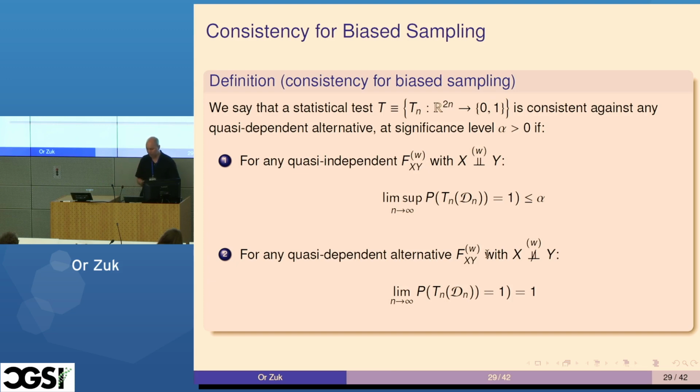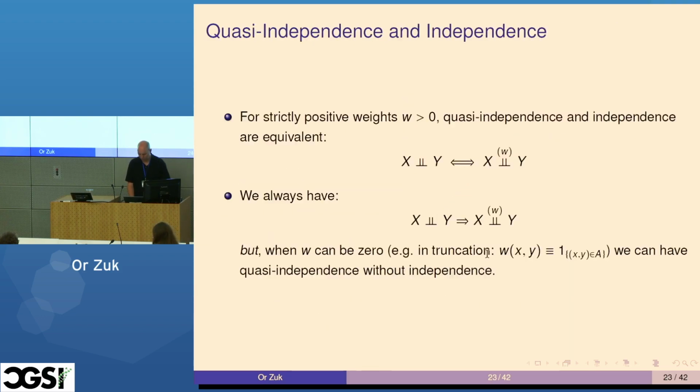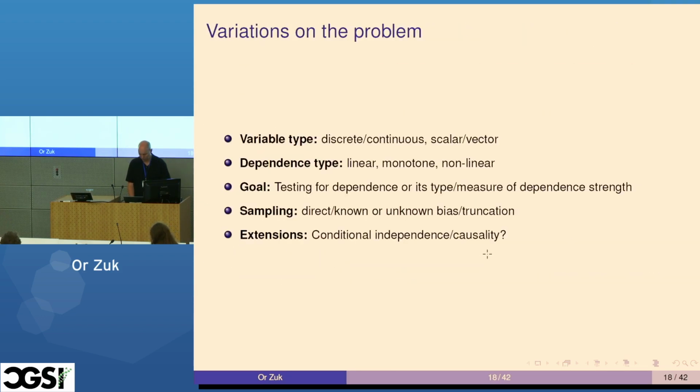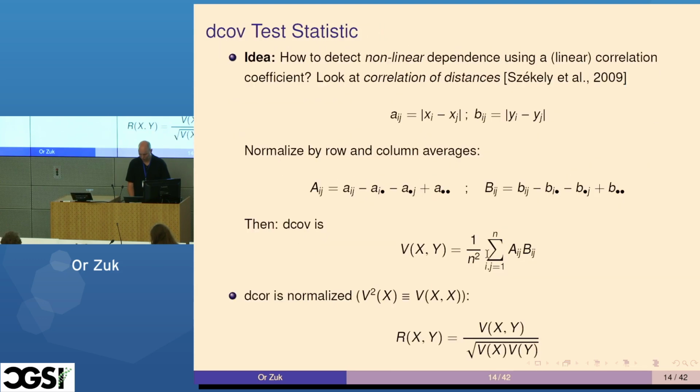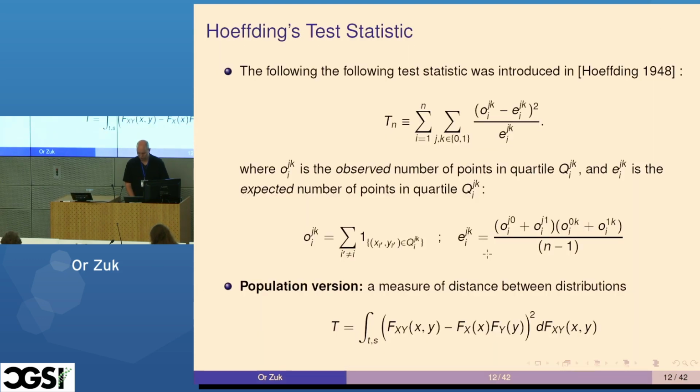In terms of the test statistic, remember we had this Hoeffding test statistic, which is here. We're using the same test statistic, except that now the observed is the same, but the expected is different, because we observe not f_xy, we observe f_xy times this w. So you need to somehow correct for that.